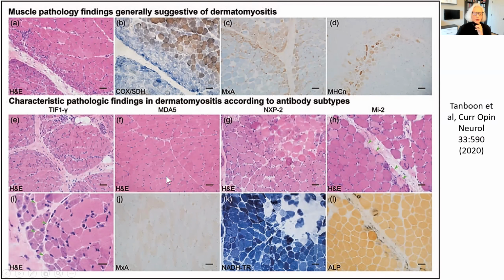And here are some of the unique features that we see. So here, the vacuoles that we see with TIF1 gamma, microinfarcts with NXP2, alkaline phosphatase positivity in the perimysium, and necrotic perifascicular fibers in anti-Mi2. And then here, anti-MDA5, which basically looks like normal muscle, but we do have this MXA positivity that's not even perifascicular.